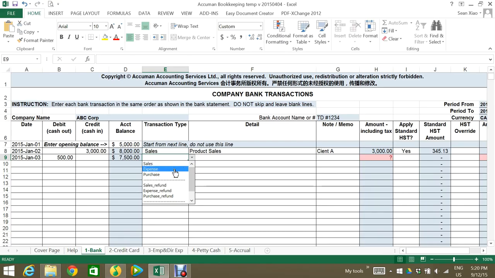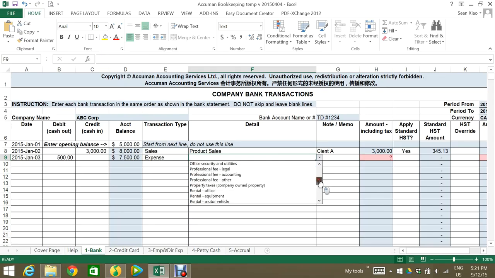The difference is that expense is more about a day-to-day general operating expense, and purchase is about some sort of material you're buying for use, or buying for resale, or you may buy some service, or you may buy some fixed assets. So that's it for now. It is just a general operating expense, and then you will see a long list of all the choices.